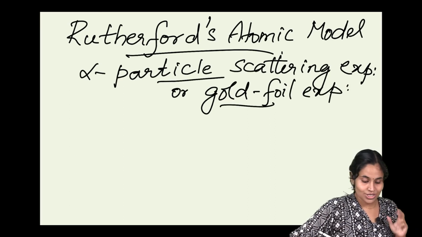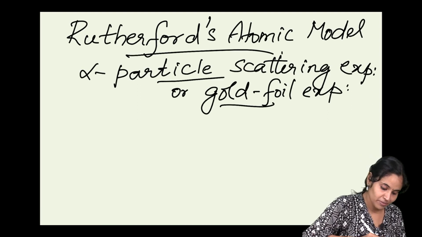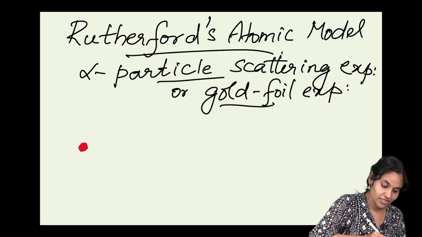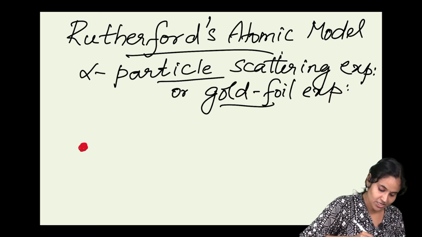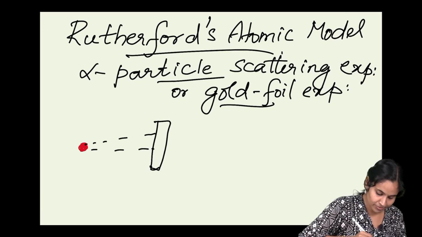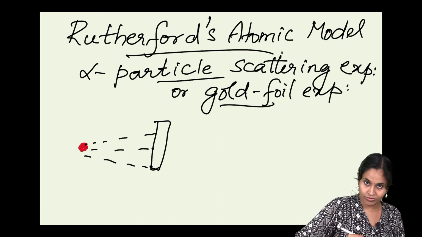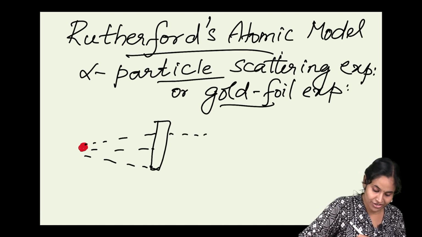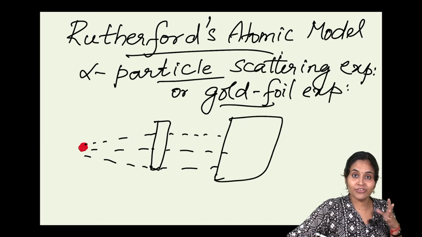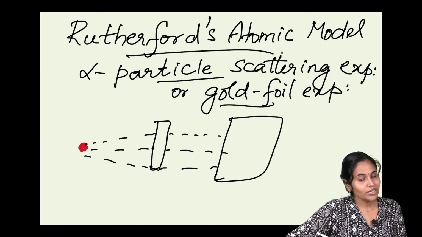He took a source which can emit alpha particles, and these particles were allowed to pass through a gold foil. The emerging radiations were allowed to fall on a photographic film so that he could study more about them.